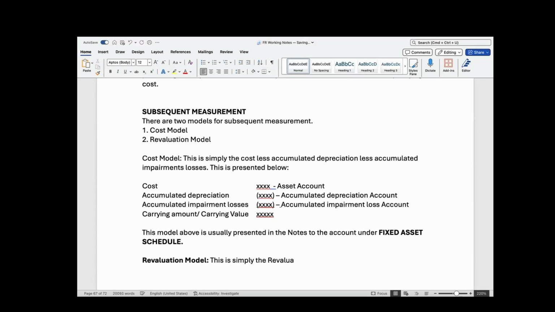Now we would have what we call a revalued amount, less subsequent accumulated depreciation, less accumulated impairment losses. And this is presented below.